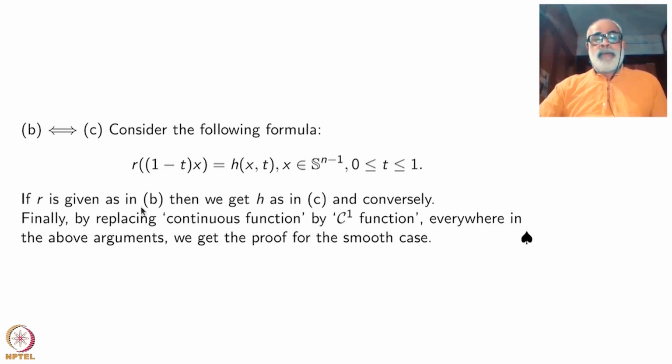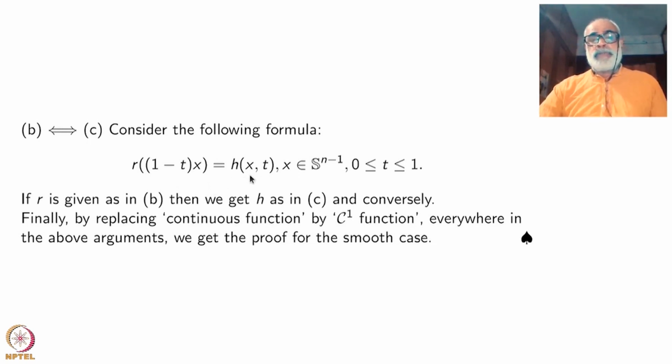If R is given as in B, when hx is continuous, R will be continuous. And if h of x comma 0 is x, then this just means that R of x is x. That's what we wanted, that it is a retraction. h is of course taking values in Sn minus 1, therefore R will always take values in Sn minus 1, and vice versa.